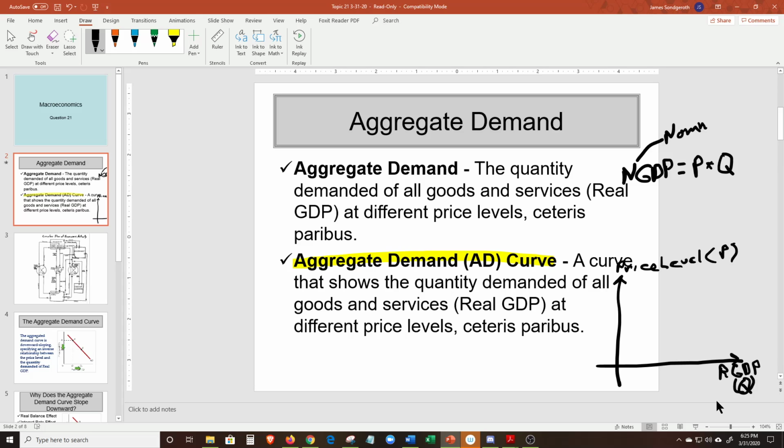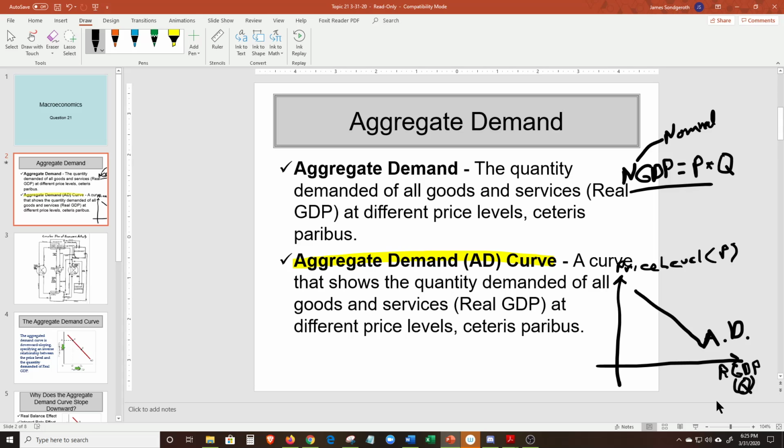So nominal GDP equals P times Q. And basically the aggregate demand curve slopes downward to the right like this, much like a real demand curve.